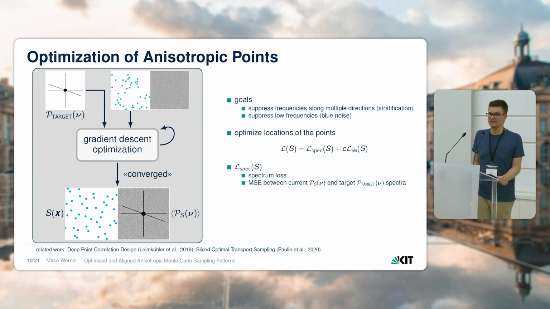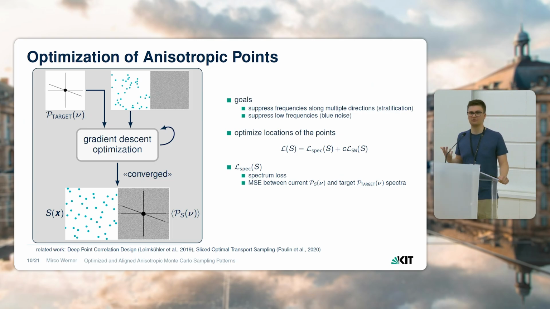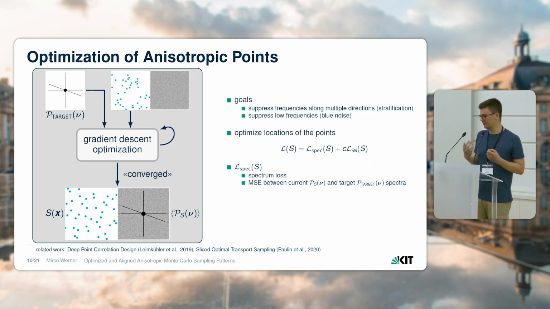And the first one is this spectrum objective. And there, the user can just provide a set of frequencies they want to suppress. And then in each iteration of our optimization process, we just compute the current power spectrum at this frequency and make sure that it goes to zero.